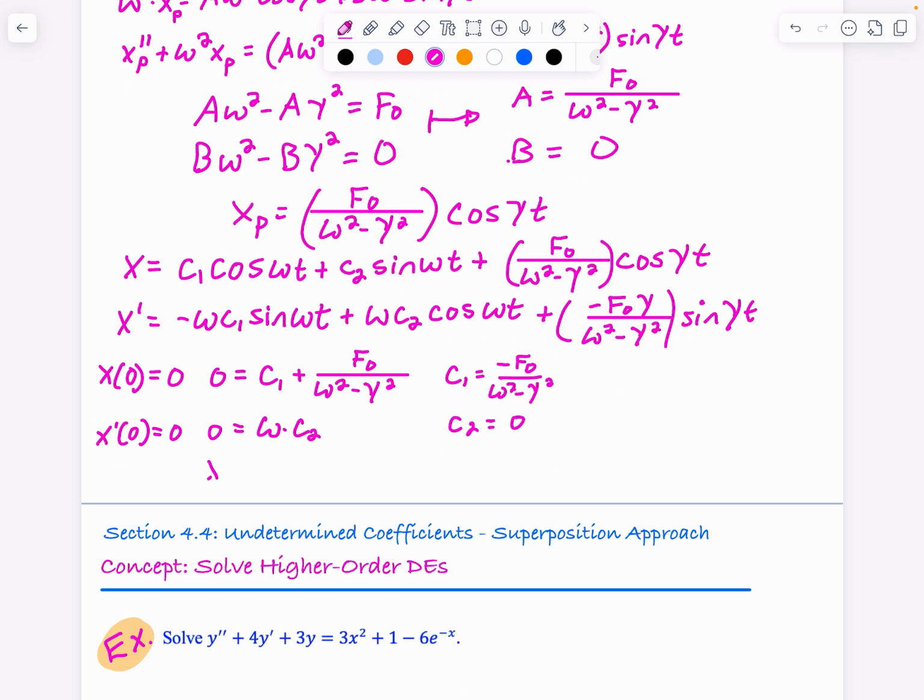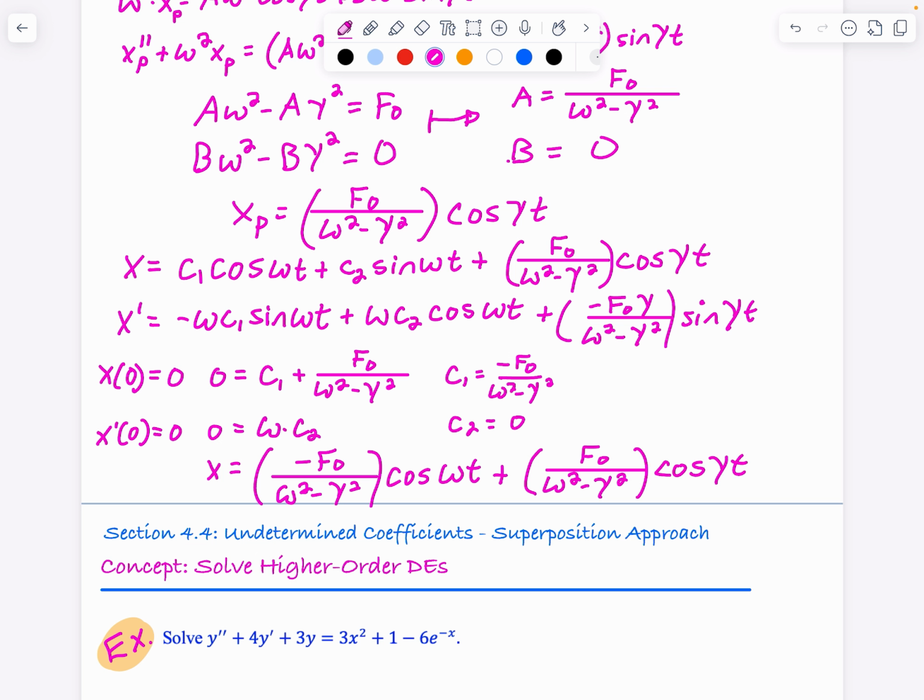So we get x to be negative f naught over omega squared minus gamma squared times cosine of omega t, plus c2 is 0 so that's gone, and then f naught over omega squared minus gamma squared cosine gamma t.